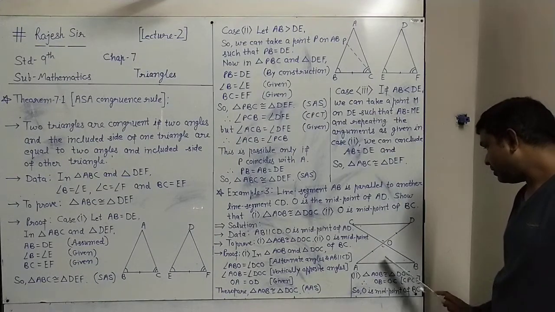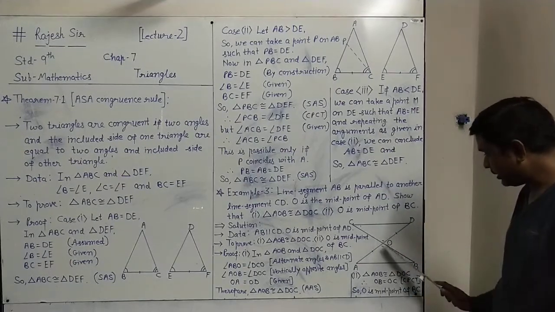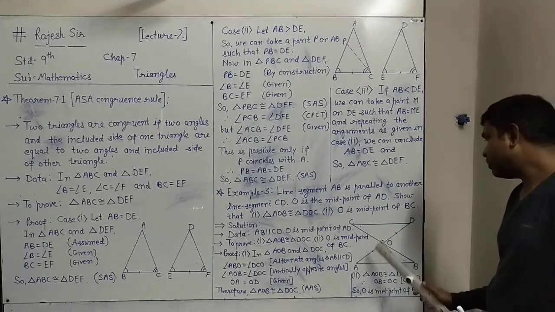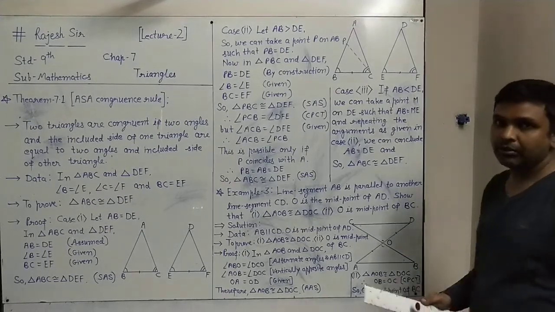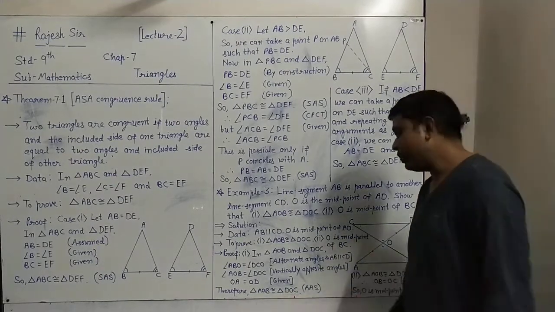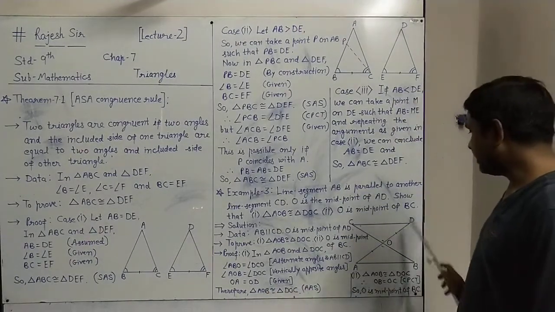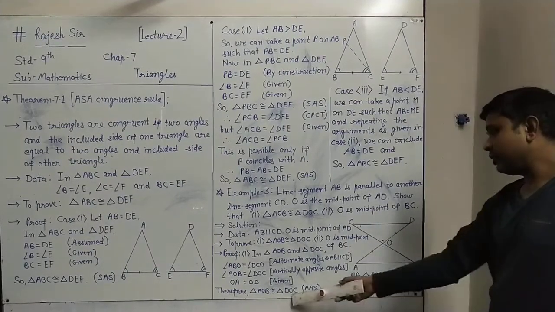In this triangle, from here, angle and side; for the other triangle, angle and side are equal. So by AAS, triangle AOB and triangle DOC are congruent by correspondence. So the first thing is proved.